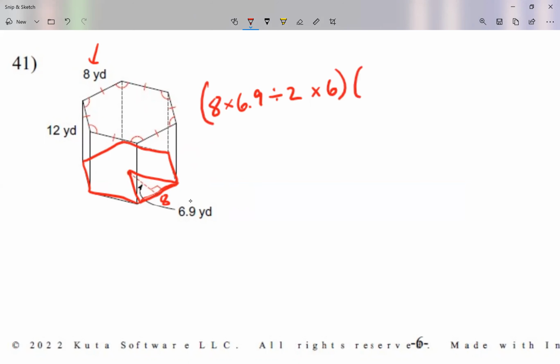Whatever I get for that, I'm going to multiply this by 12, the height. Remember, height is the number that has nothing to do with the base. So I'm just going to go 8 times 6.9 divided by 2 times 6 times 12. And I get 1,987.2.